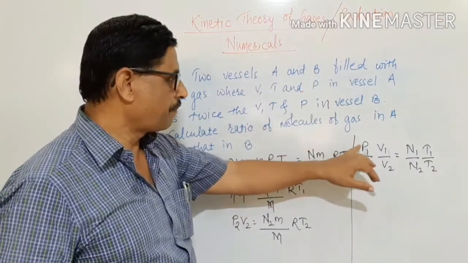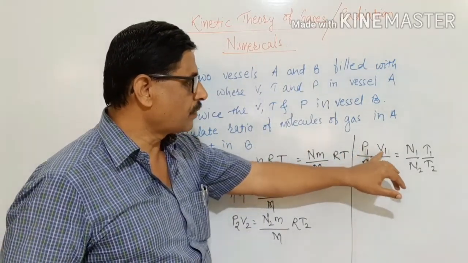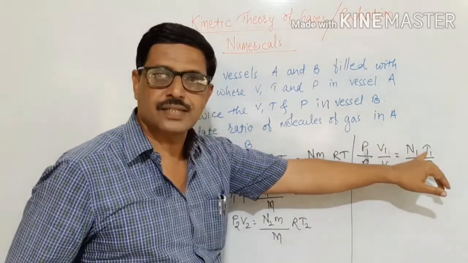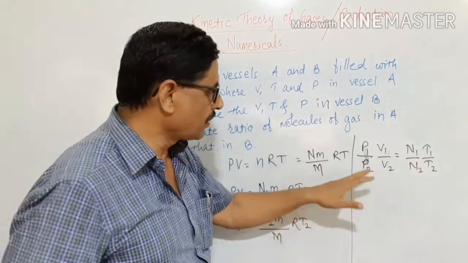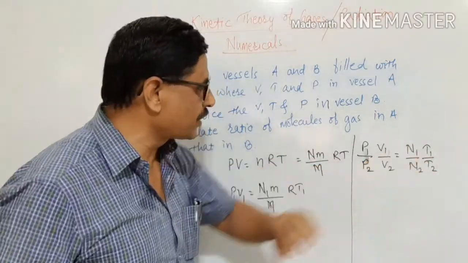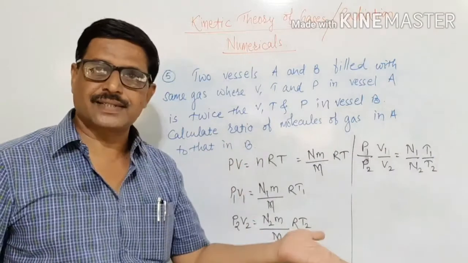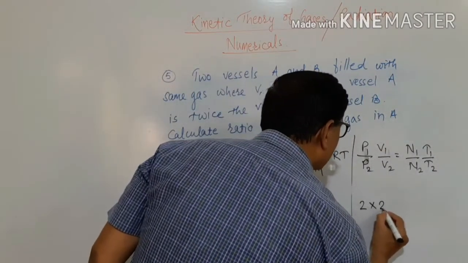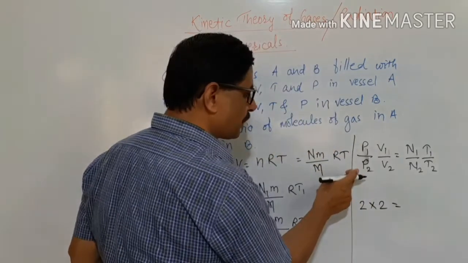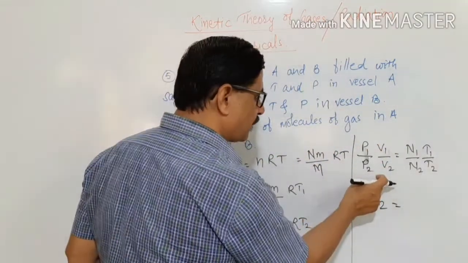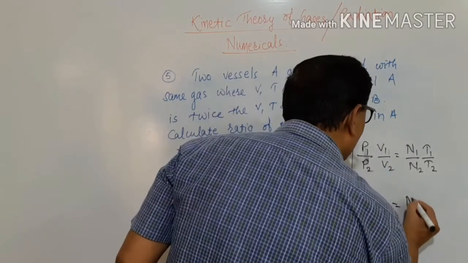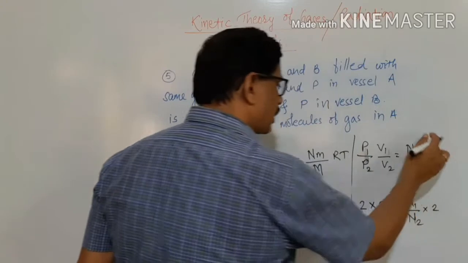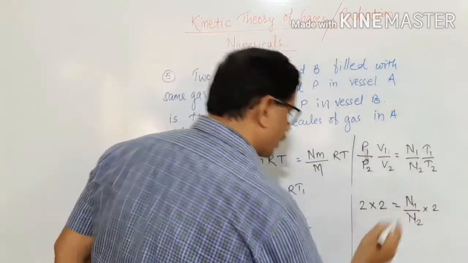In A, the pressure is P1, the volume of vessel A is V1 and the temperature is T1. Then in the second case everything is half. In the first vessel it is twice, therefore I will write it as 2 into 2. P1 is double that of P2, V1 is double that of V2, is equal to N1 upon N2 into the temperature of the first being double that of the second, therefore it is 2.